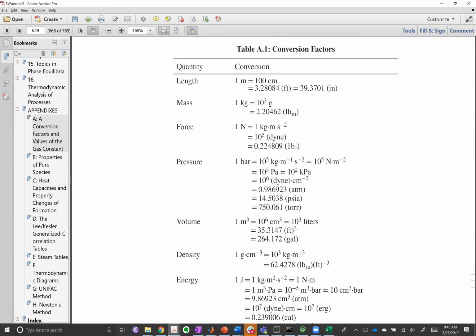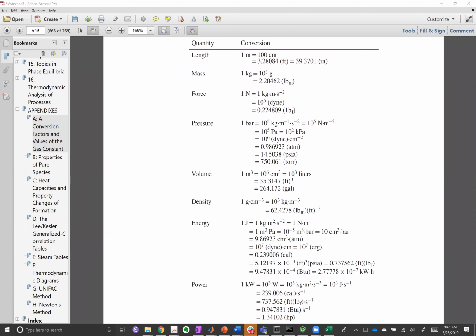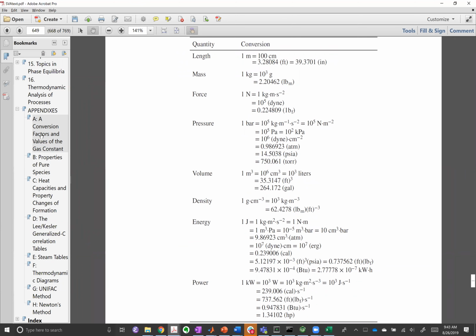So for example, I just love it when I get problems in British thermal units as much as you do. That's back there. Horsepower is another great one. So you buy pumps rated in horsepower, right? You buy cars that are rated in horsepower.